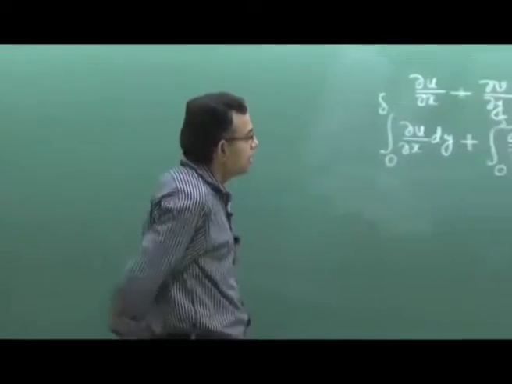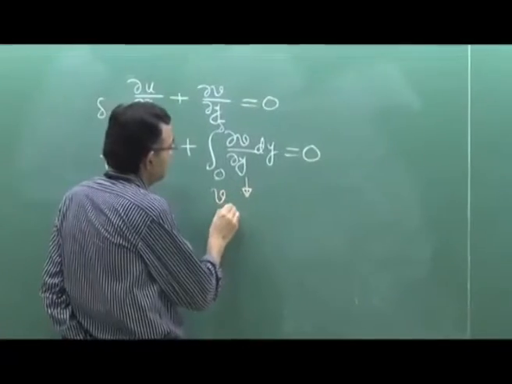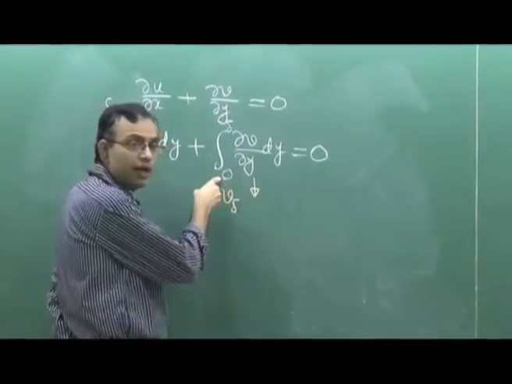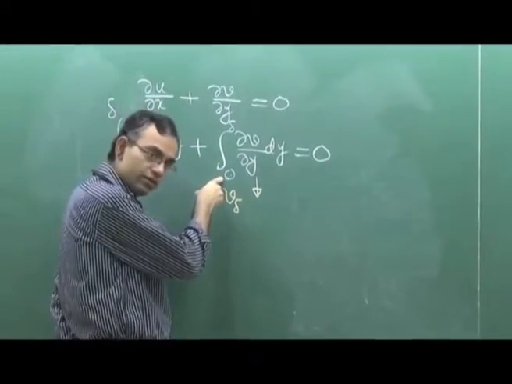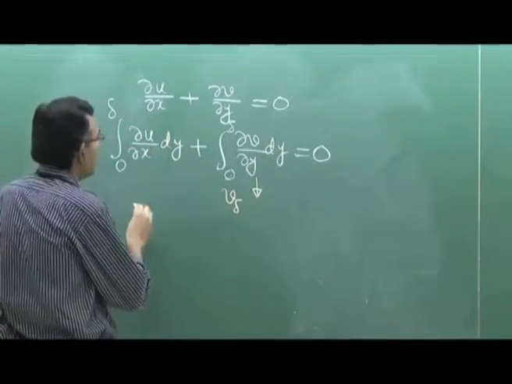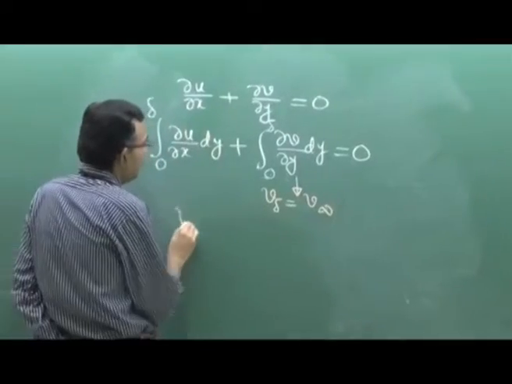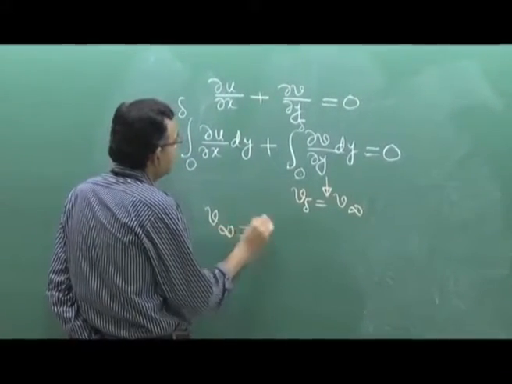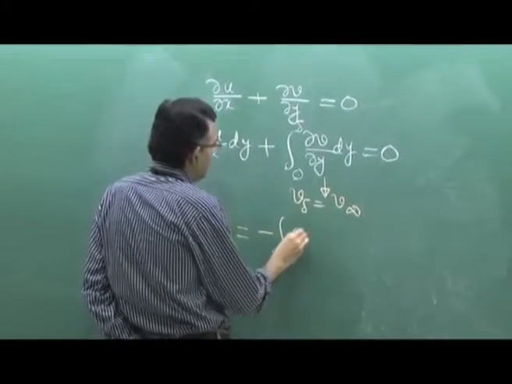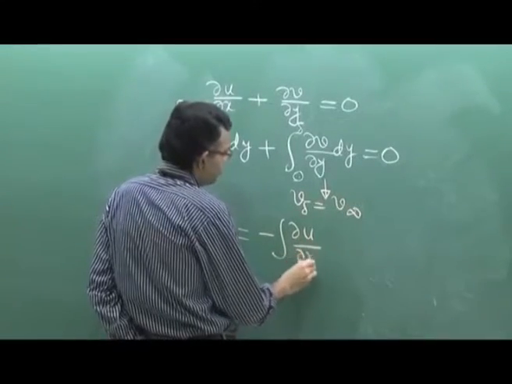So, what is this? This is V at delta minus V at 0, and V at 0 is 0. So, V at delta is V infinity. So, V infinity is equal to minus integral of del u del x.